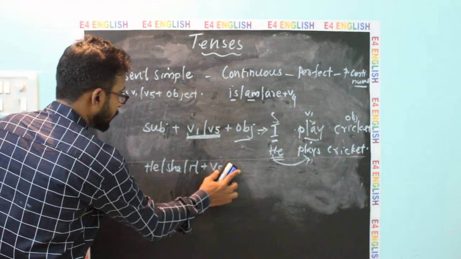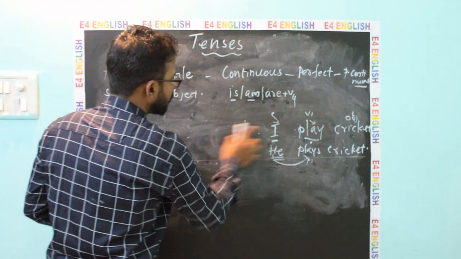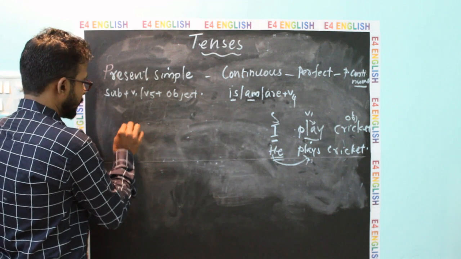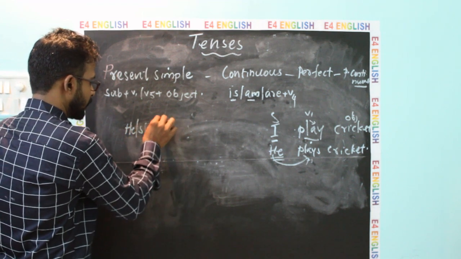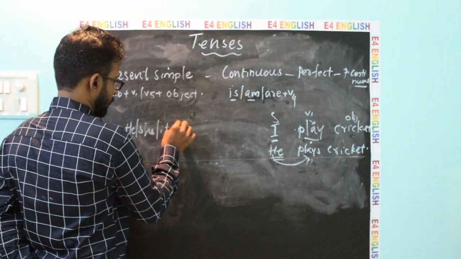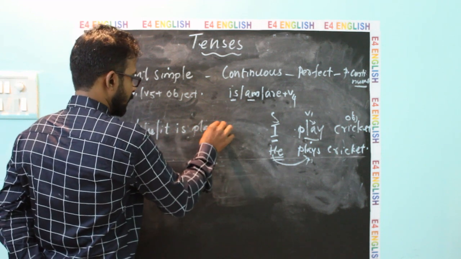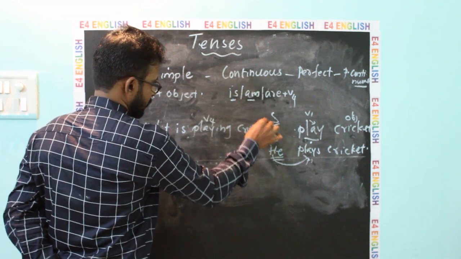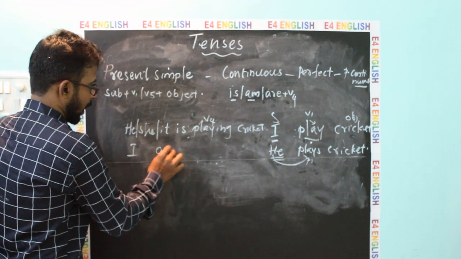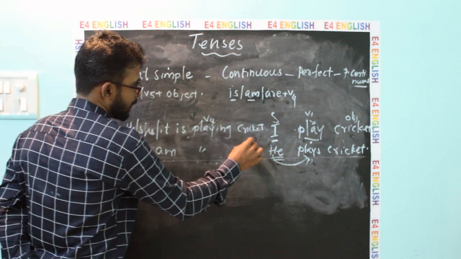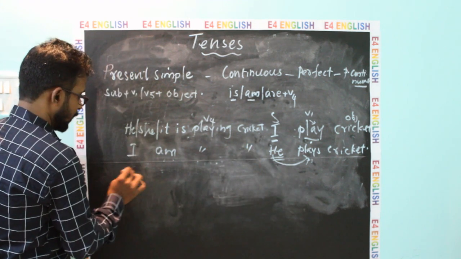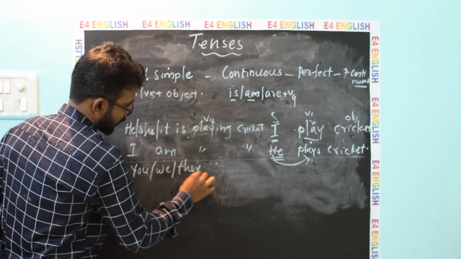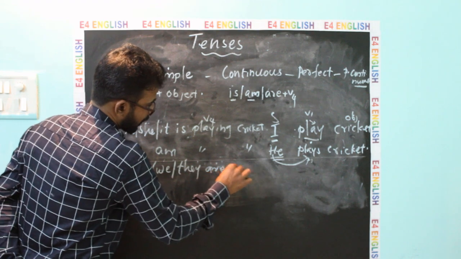Let me clear it, and for your easy understanding I am going to write the same sentence here. He, she, it is playing cricket. This is V4. I am playing cricket. You, we, they are playing cricket.